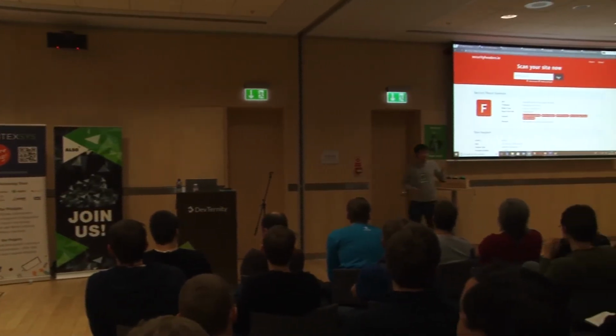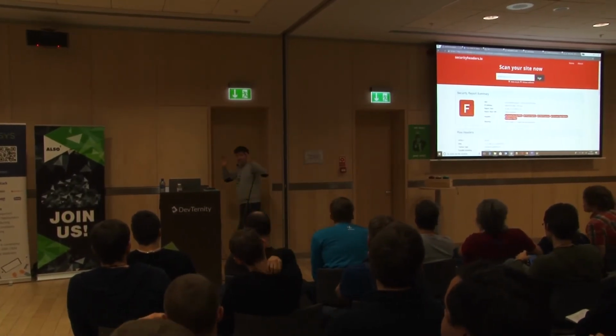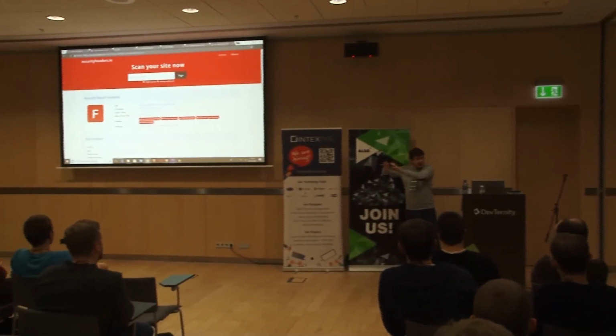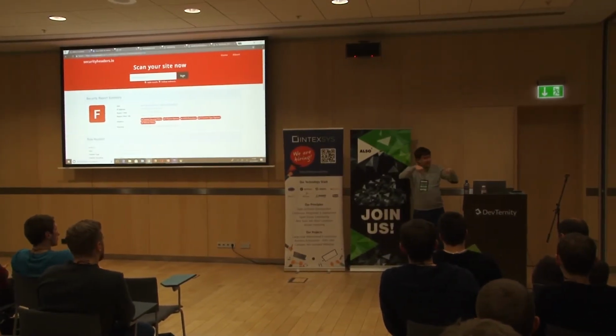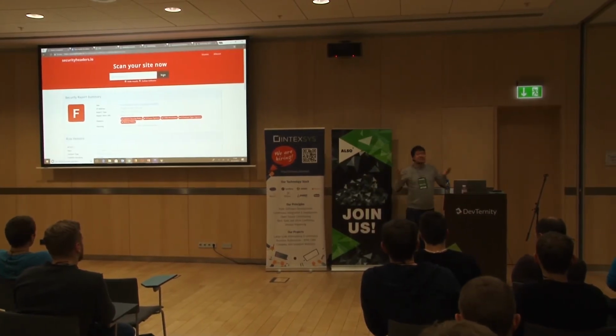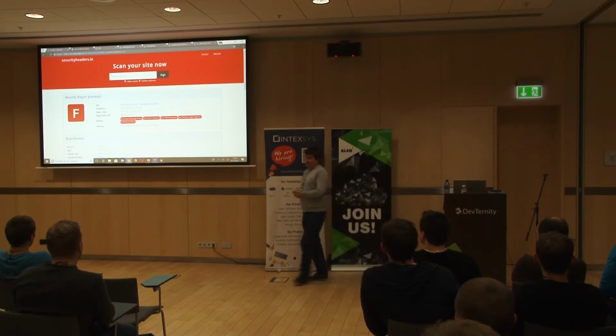So DevTernity.com, the website I just called, is the start site of the conference with no data, because it just says, this is the conference that's running now, and this is the conference that's running next year where you can already get tickets. I do not see that much potential for security issues on that site, so this is not bad at all. But still, it might be valuable, and I'm showing you this for a specific reason.